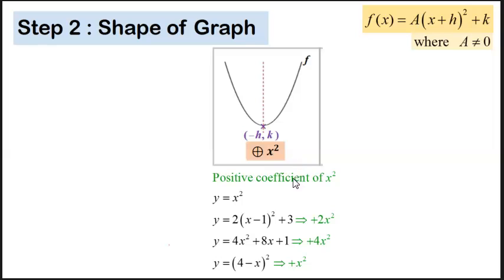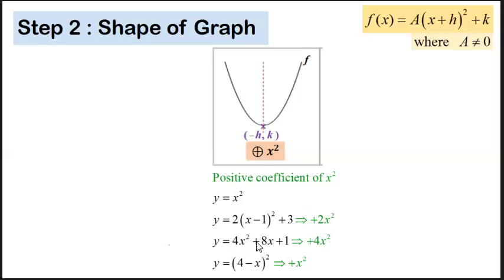The following are some examples where we have a positive coefficient of x squared. The first one is the basic function y equals x squared. Then y equals 2 multiplied by (x minus 1) squared plus 3, where when you expand, you have the coefficient for x squared being positive 2.